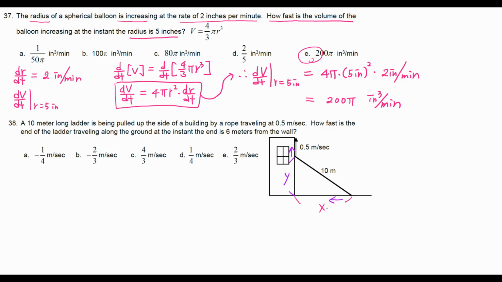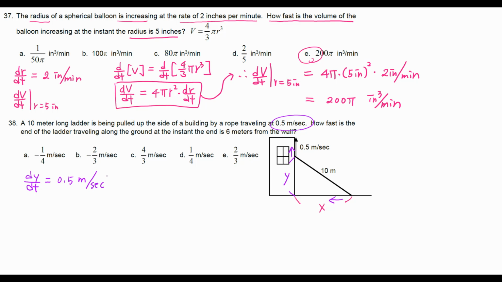And what's given is this y is going up at 0.5 meter per second. So dy/dt is a positive 0.5 meter per second.